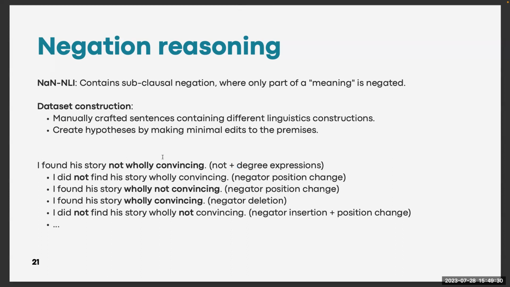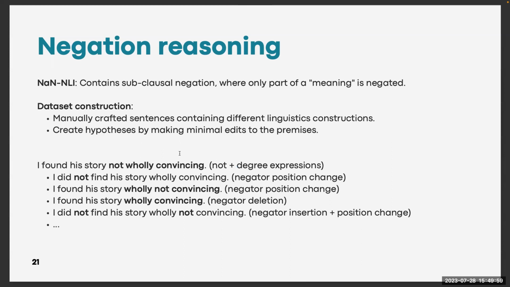In this sentence, you can see that this is a negation associated with a gradable adjective. When you say "not wholly convincing", it does not mean that there is nothing convincing, but that the story is convincing, but only to some extent.